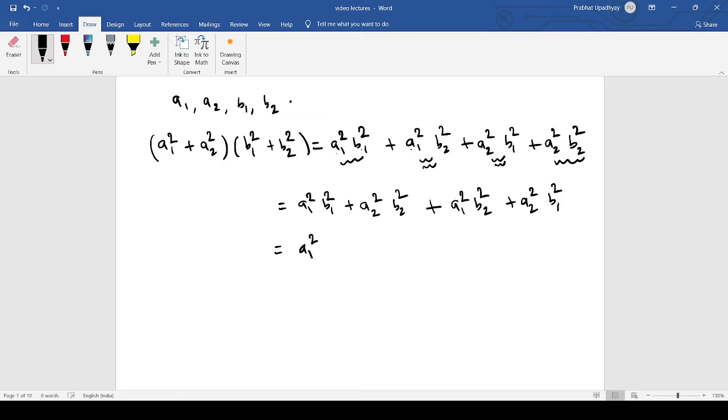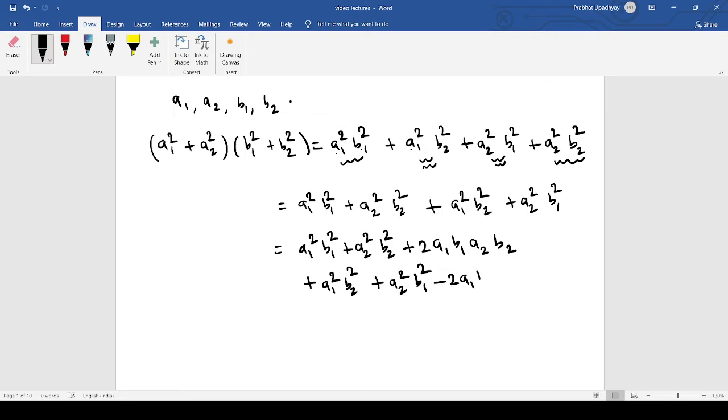So with the term a1² b1² plus a2² b2², I'll have to add 2 times a1 b1 a2 b2. Then I'll remain with a1² b2² plus a2² b1², and since I have added 2 times a1 b1 a2 b2, to balance it I'll have to subtract 2 times a1 b1 a2 b2.